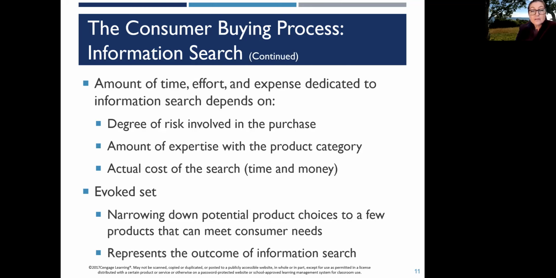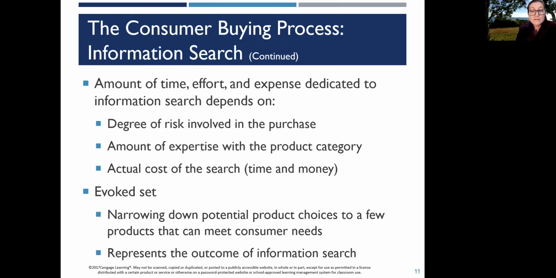So the information search can involve a varying amount of time and effort and even expense, depending on the degree of risk involved with the purchase, the amount of expertise with the product category that the consumer has, and the cost. The time, sorry, we said risk at the top there.